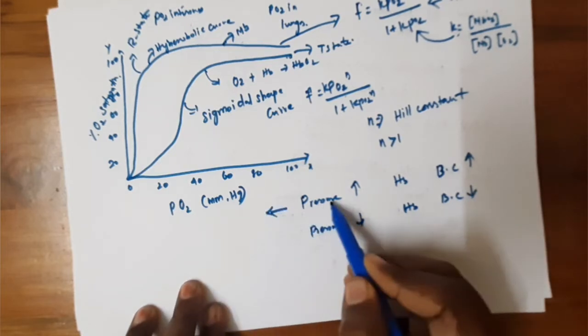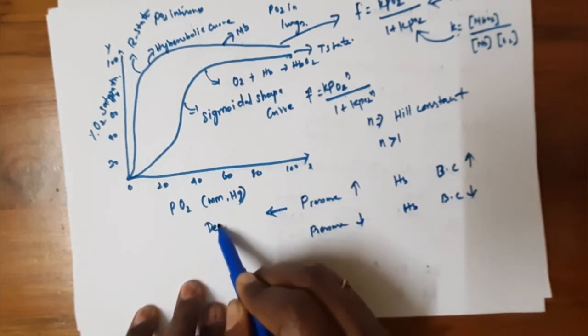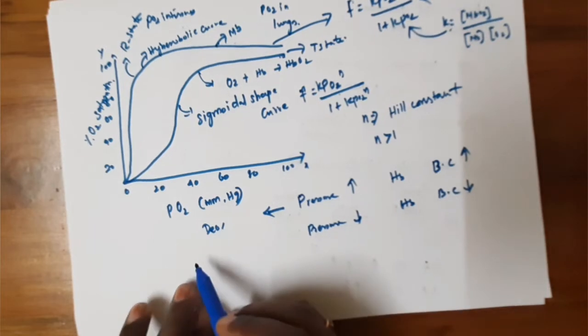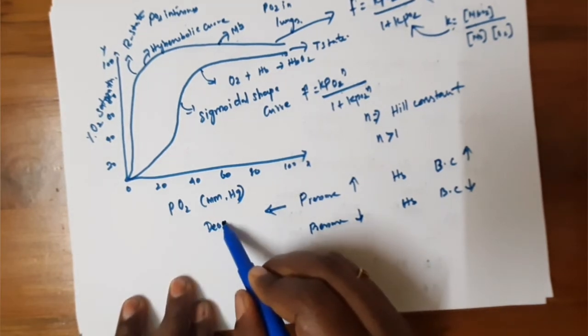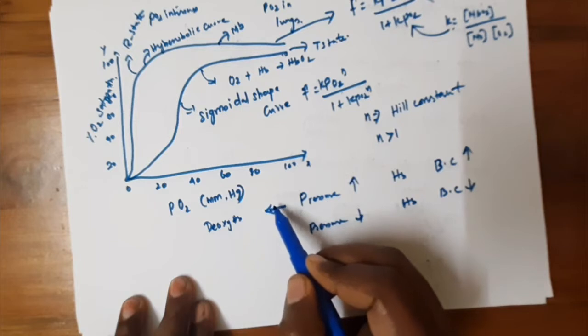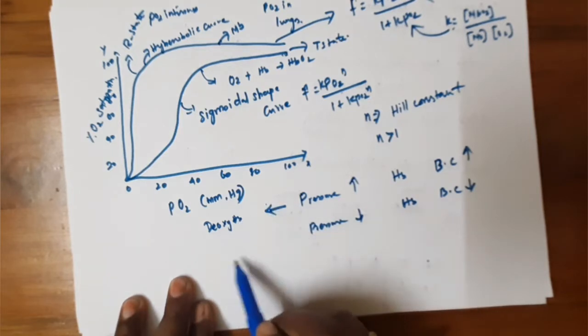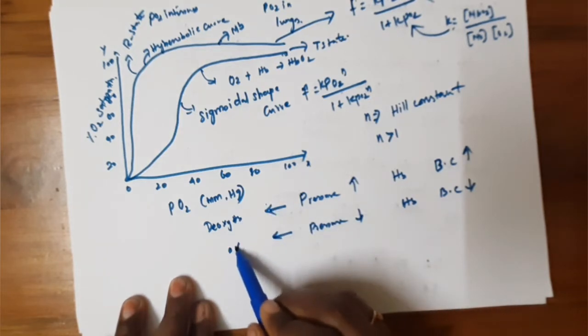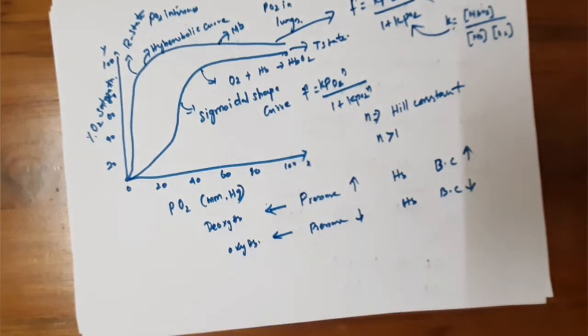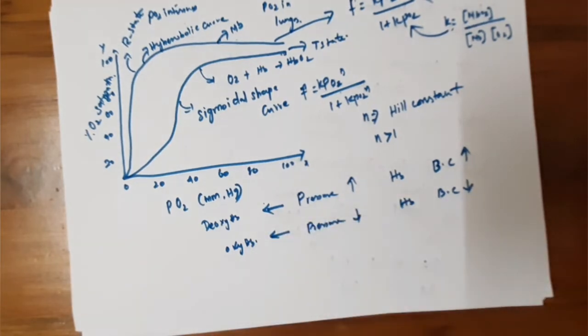So during the high partial pressure, deoxyhemoglobin is converted into the oxy form, and oxyhemoglobin gives up the oxygen.